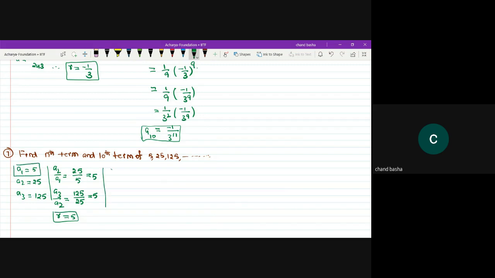Let's find out the general term as usual. A r power n minus 1 is equal to 5 power n minus 1 plus 1, that is 5 power n. An value. It is asking the 10th term. So A10 is equal to 5 power 10 is the required answer. The question is so simple.